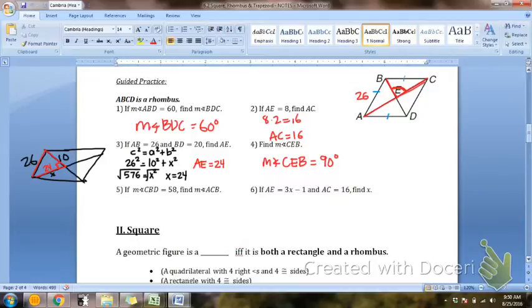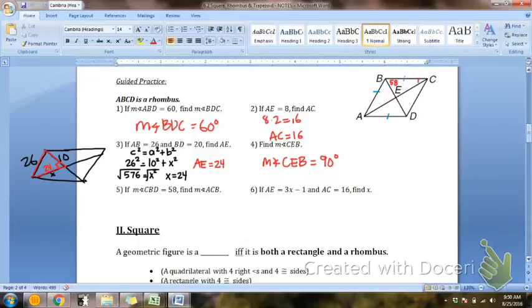All right, number 5 says if the measure of angle CBD is 58, find ACB. So I want you to label your diagram with this information. CBD is 58. So we have 58 up here. Find ACB.